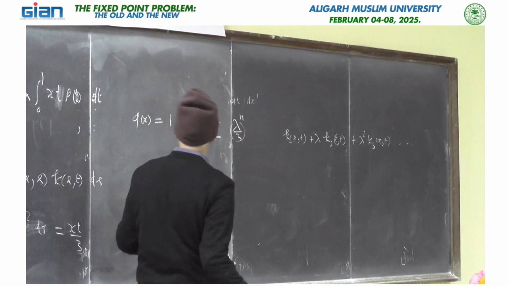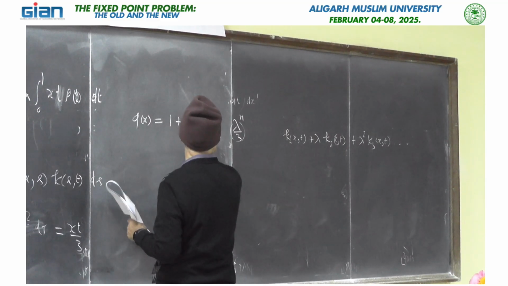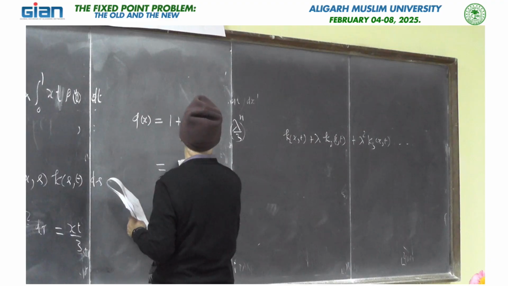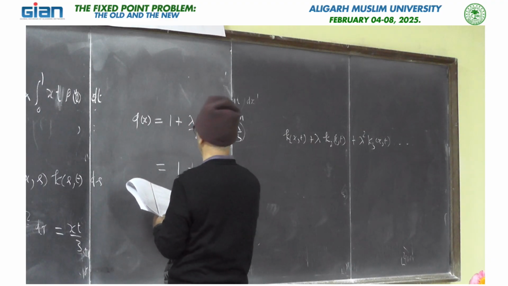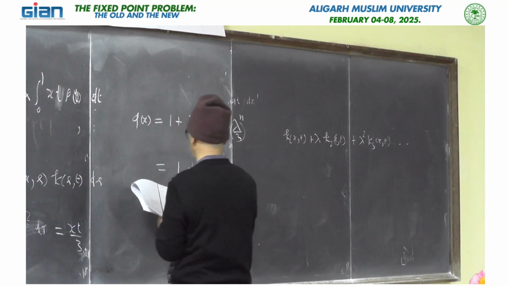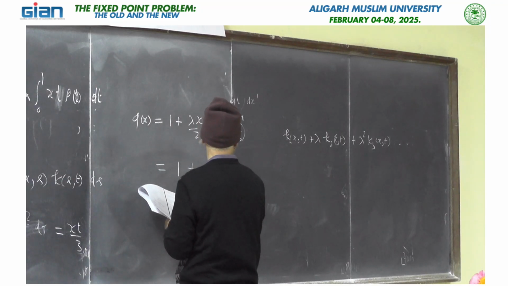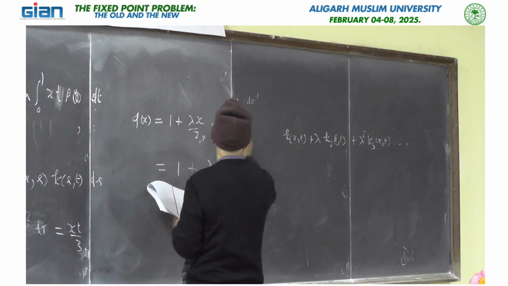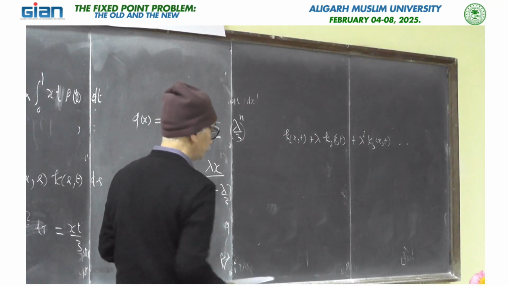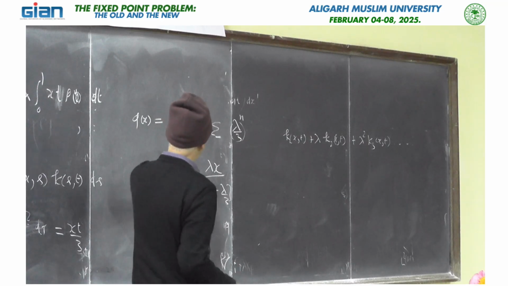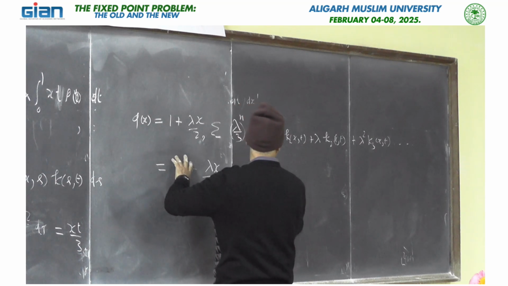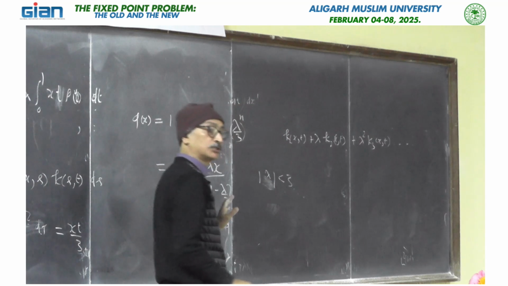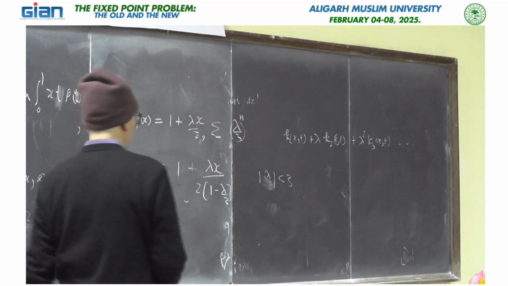So, let us see that 2 is there, or I have some doubt. So, here this will sum up to 1 plus lambda x over, if 2 is there, 1 minus lambda by 3. This will sum up to that. And you see that what you have here is provided lambda by 3, or mod lambda, is less than 3. Okay. This series will converge only for that.